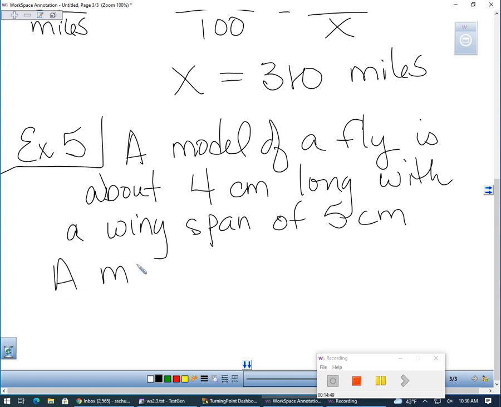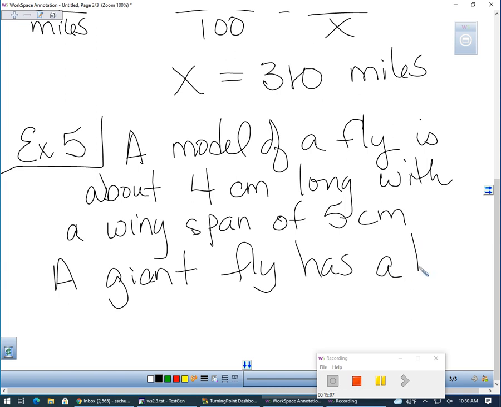A giant fly has a length of 2 centimeters.